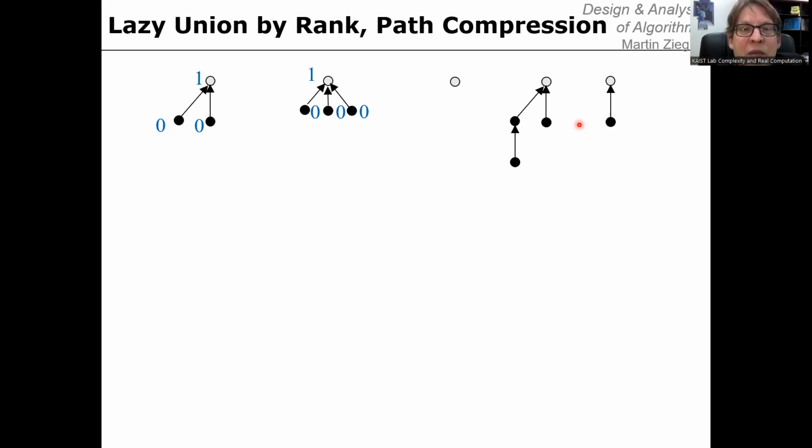We have 5 disjoint sets: 1, 2, 3 singletons, and 4, 5 disjoint sets, and these are the elements in these sets. Again, the roots are the unique handles for the find set operation. And now the find set operation does not have constant cost anymore, because if the tree under consideration is deep, for example here, then the find set operation must walk all the way up to the root in order to return the unique handle.